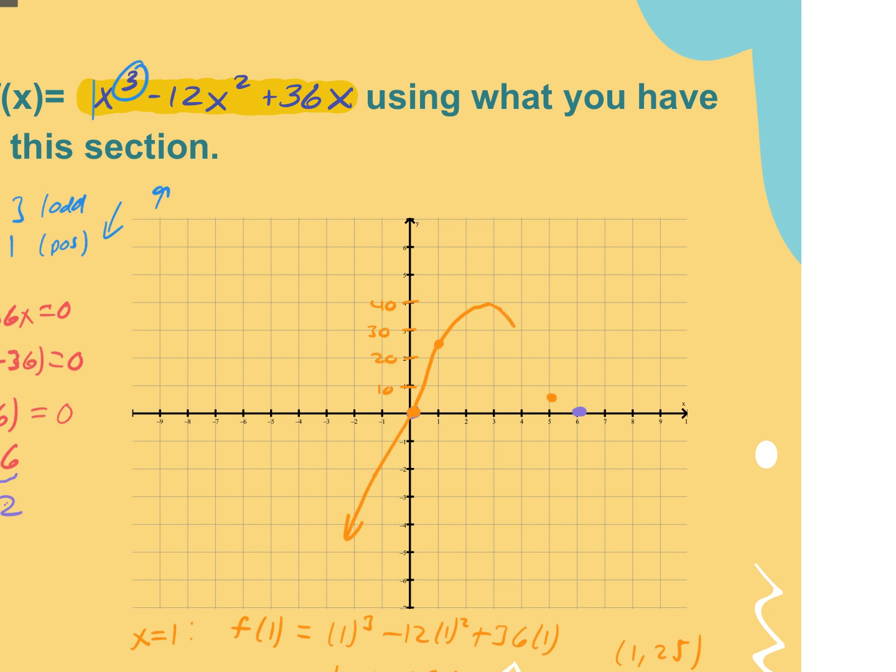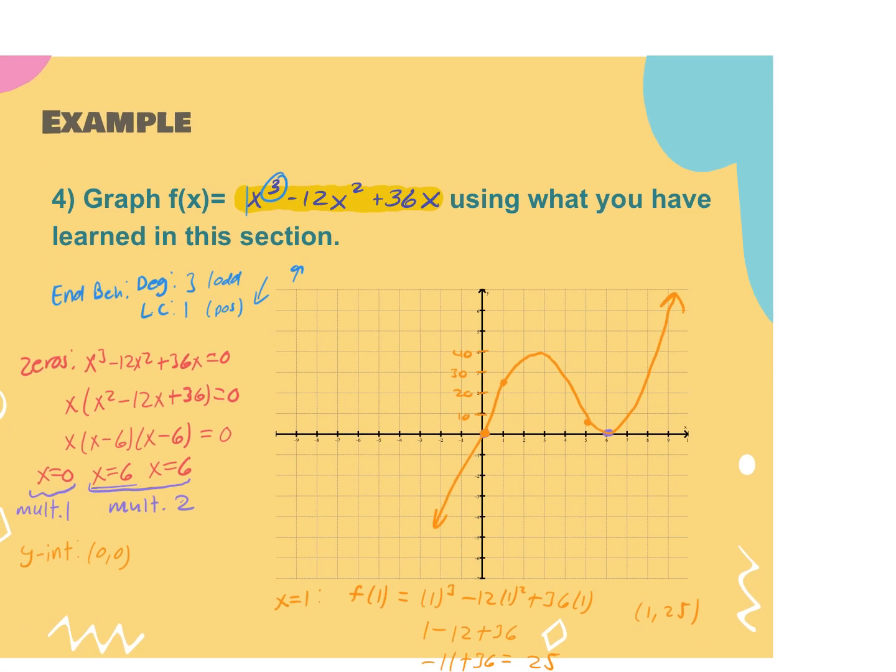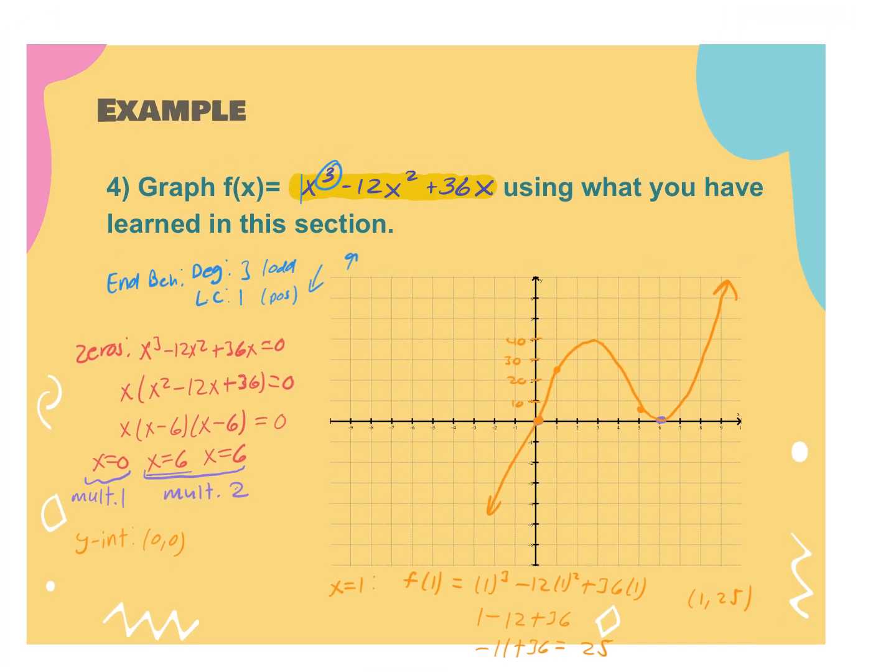It might keep going up, but I'm just going to go back down to hit that point right there. And it's going to touch and bounce back at 6, and then it's going to go forever up, because we know because of our end behavior, it's going to go up as you go to the right. And we know because of our multiplicity of 2 that it's going to touch 6 and not cross it. So we can expect our graph to look something like that.